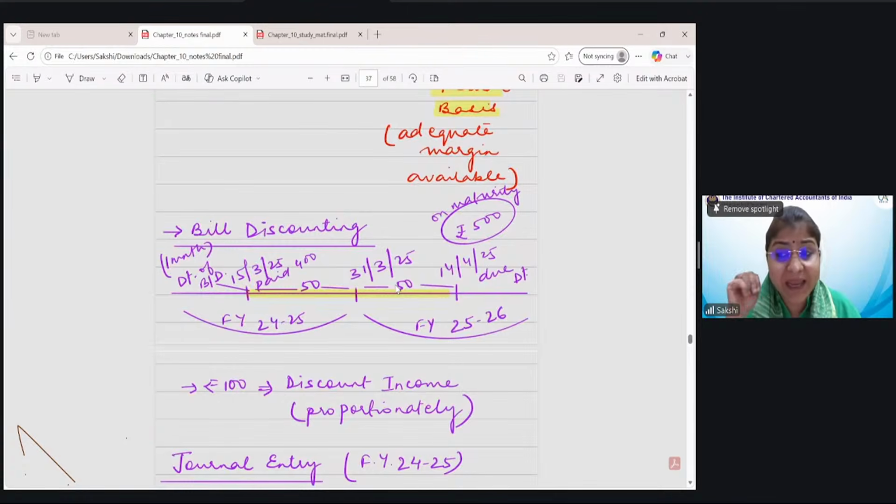So what income has the bank earned on discounting? 100 rupees. So this 100 rupees the bank will proportionally distribute into 2 financial years, because I went to the bank on 15th March. The financial year gets over on 31st March and the bill was due on 14th April. So both the financial years were involved here. So proportionately, 50-50 I am going to distribute it as bank income. Is it now clear, Achal?